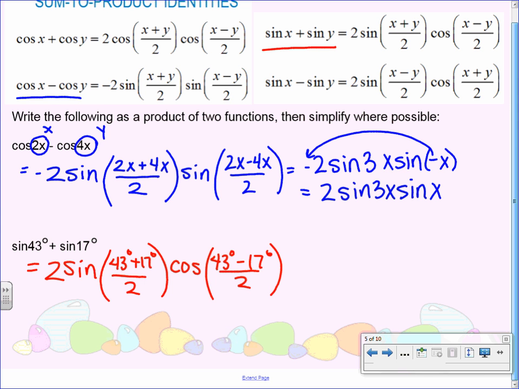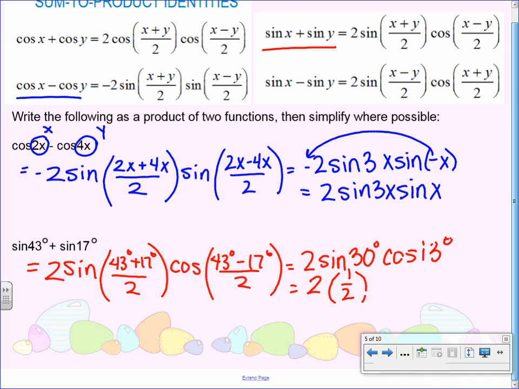Simplify, 43 plus 17, 60 over 2, 2 sine 30, cosine 43 minus 17, 26 over 2, 13. What's the sine of 30? That's on our unit circle. It is a half. 13.